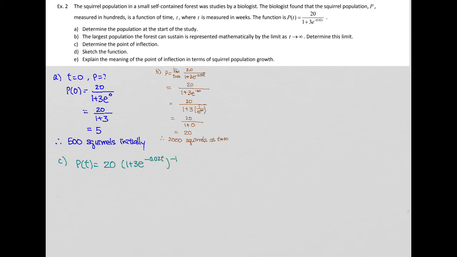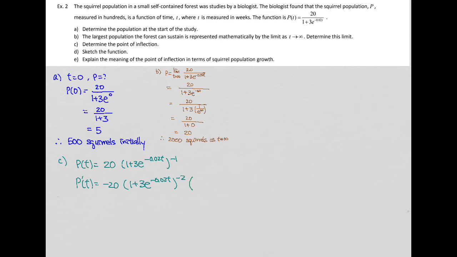So P prime will be 20 times negative 1, negative 20. And do not change the base. Exponent take away 1, so negative 1 minus 1 is negative 2, and times by the differentiation of the base.